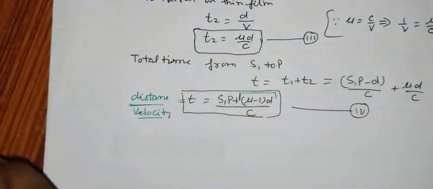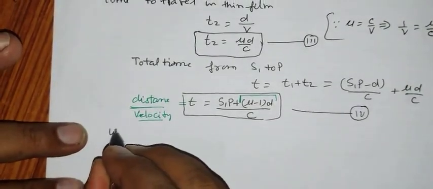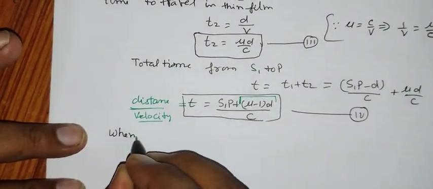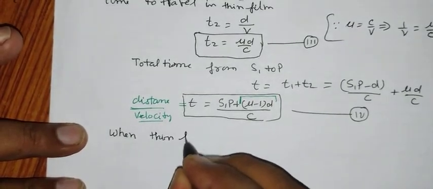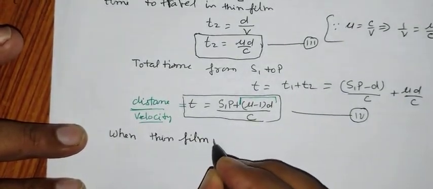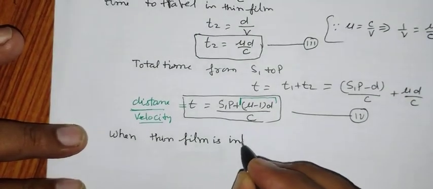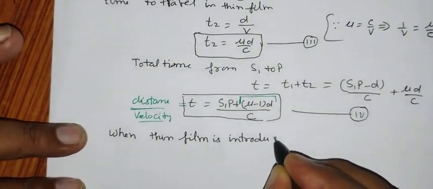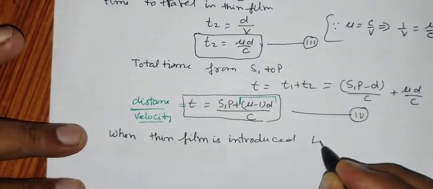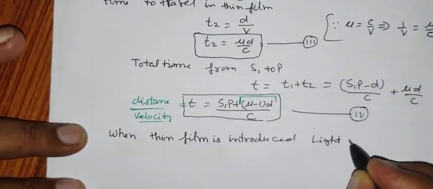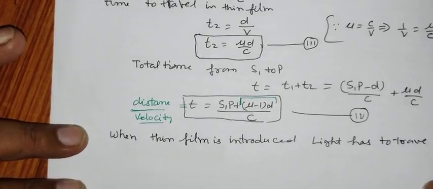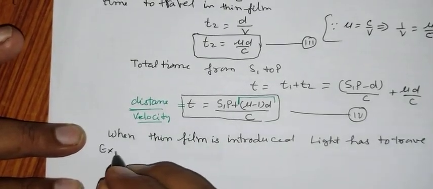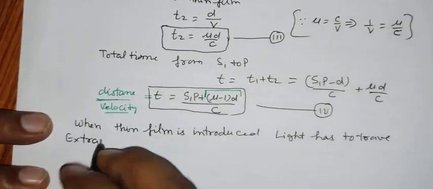So one may write, when the thin film is introduced, light has to travel an extra path.